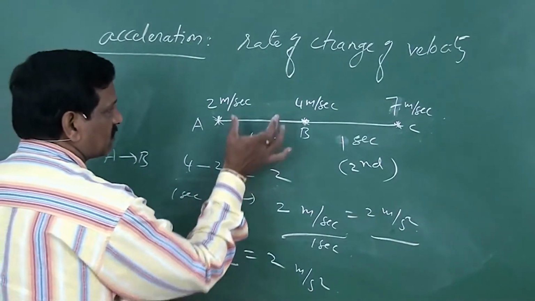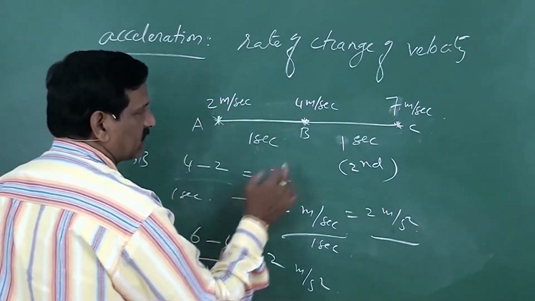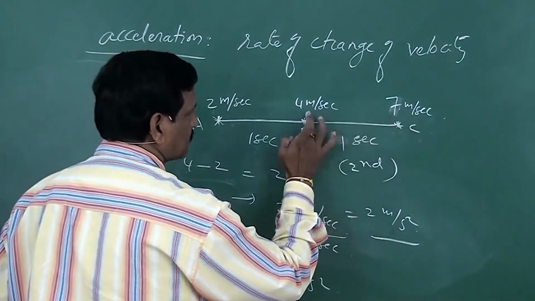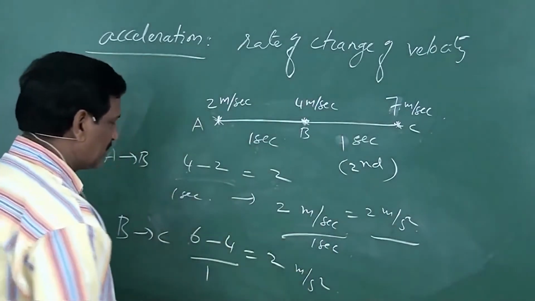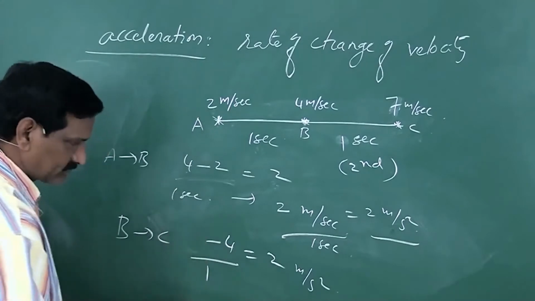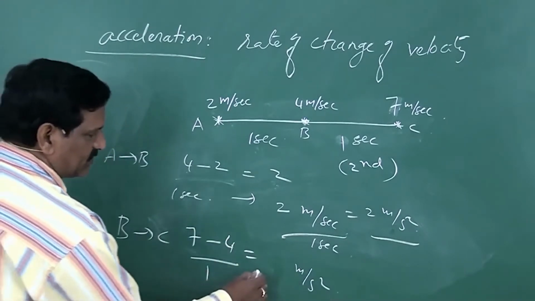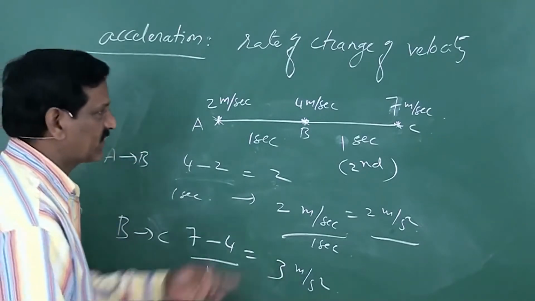Here in the first second, change of velocity means 4 minus 2, that is 2. In the second, change of velocity is 7 minus 4. Between B and C, you have 7 minus 4. This is 3 in the second.